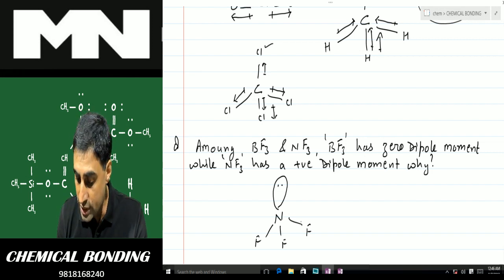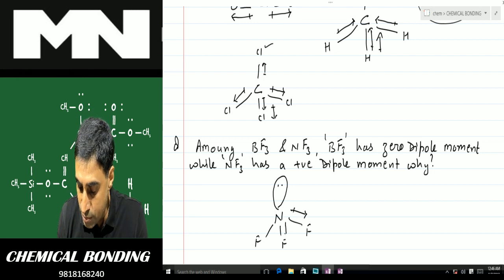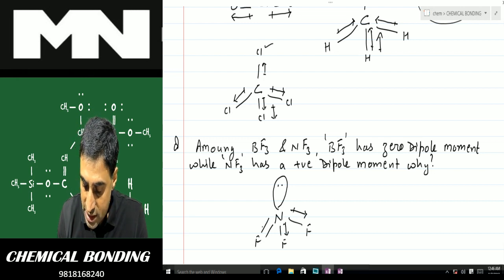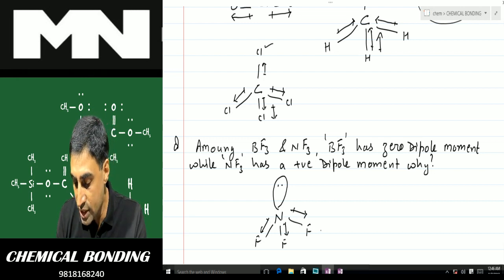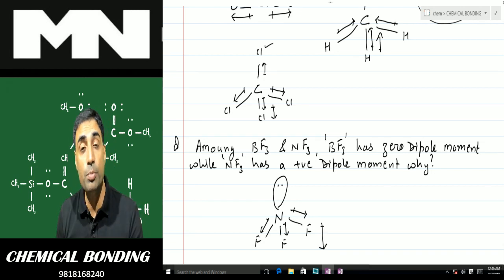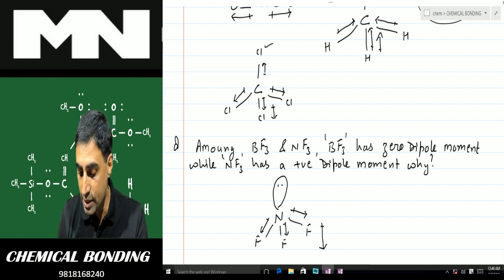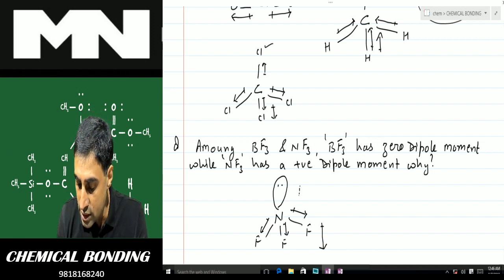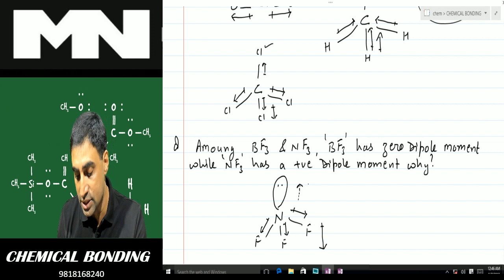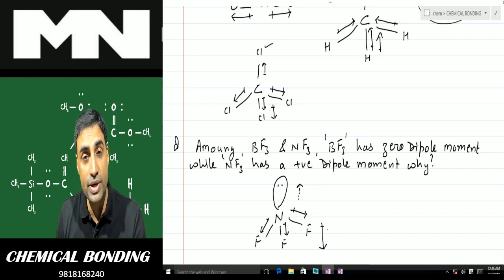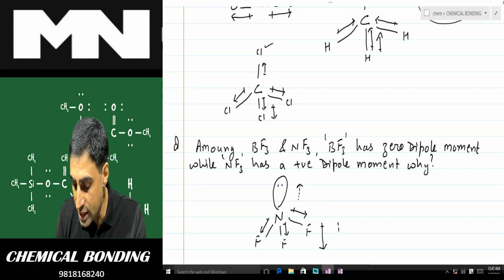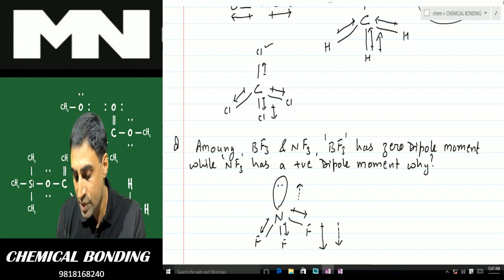Fluorine is more electronegative, so NF bond will have a dipole moment like this. This NF bond will have like this. This NF bond will have like this. So their resultant dipole moment is in this direction. Well, lone pair itself has got a weaker dipole moment. So we can say the dipole moment of lone pair is in this direction. If we subtract them, we'll have a weaker dipole moment in this direction.